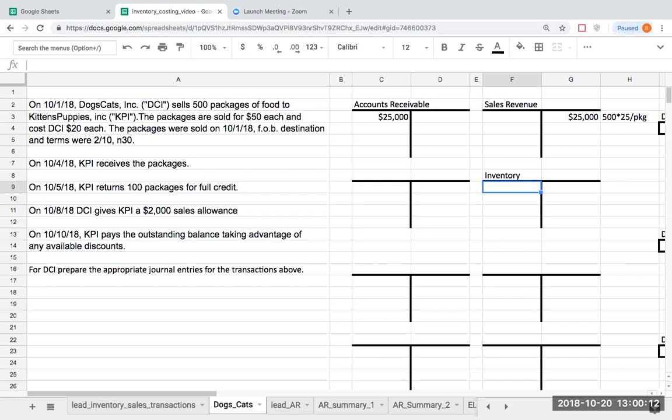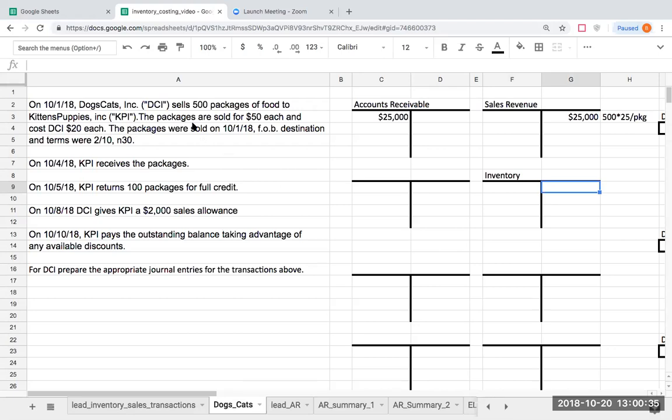The other thing that's happening when I'm leaving Costco is that the customer is taking the inventory with them. So I need to take that inventory off of my books. The inventory is an asset, so I'm going to show a decrease to that asset with a credit.